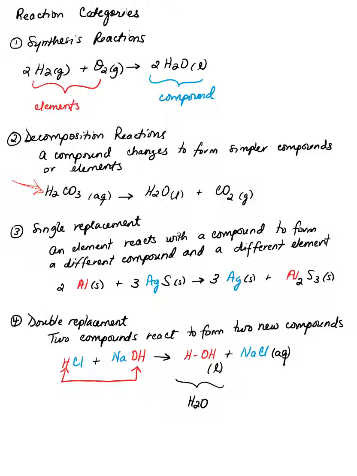And then for number 4, double replacement, your ions are being exchanged. So for example, I have here an example of a neutralization reaction, which is an exothermic reaction where you have hydrochloric acid reacting with sodium hydroxide, acid and base neutralization, and you get water as a product and sodium chloride in that specific example.